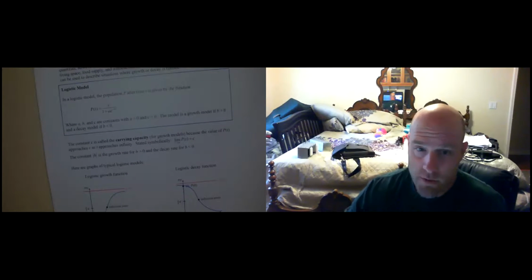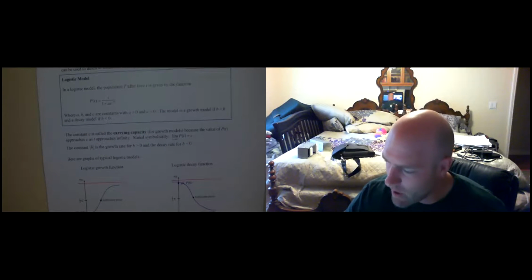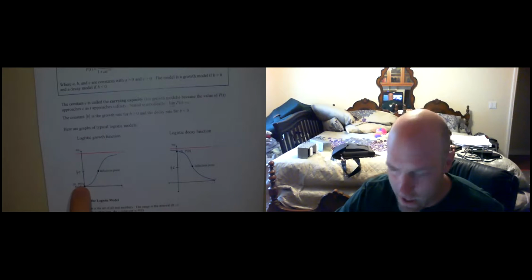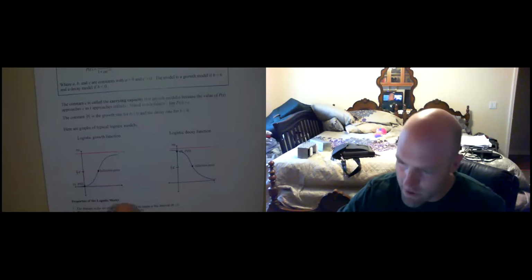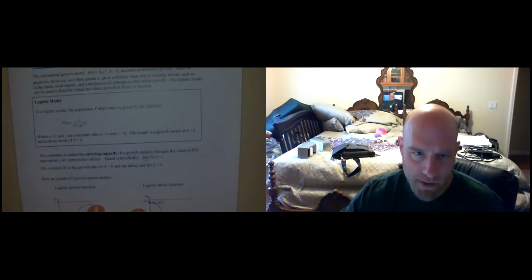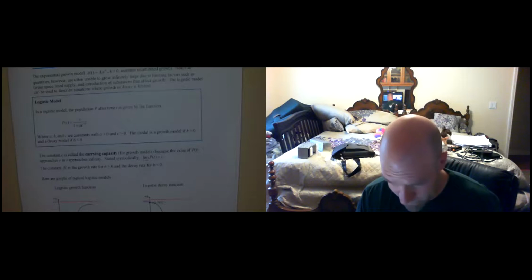Okay, here's something which is specifically a logistic model. You will notice that it rises for a while, and it kind of looks like an exponential curve, and then it levels off. This is how most populations actually work. You've probably in biology heard the term carrying capacity and things like that.